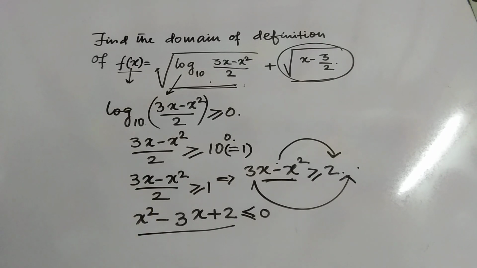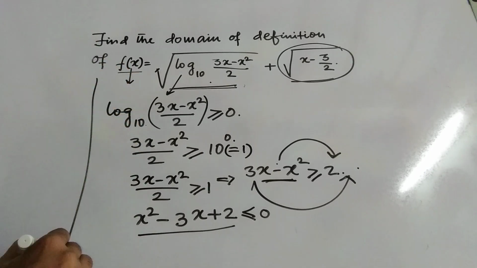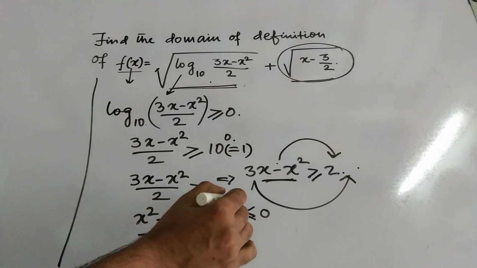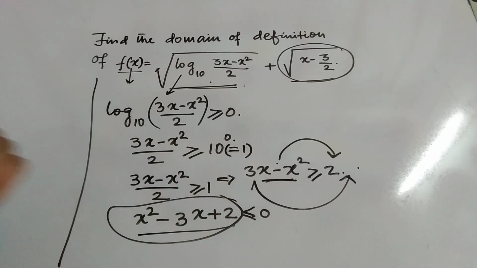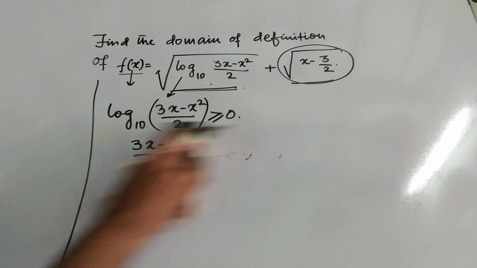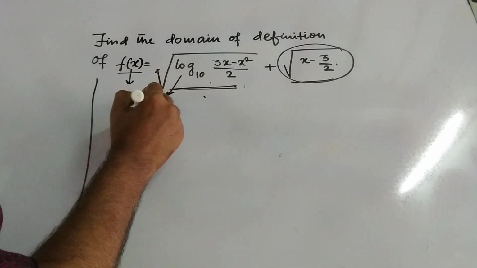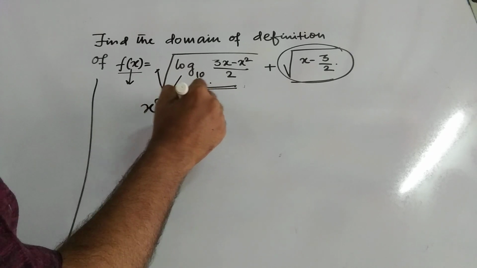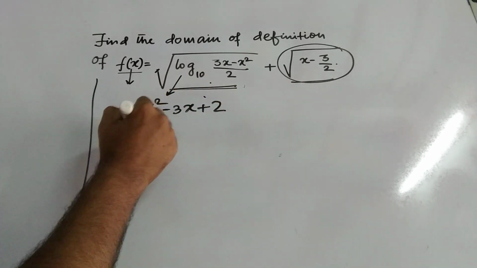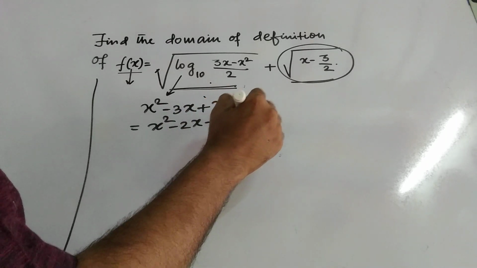Now what is x² − 3x + 2? I have to middle term factorize this function. So x² − 3x + 2 is less than or equal to 0. That means x² − 3x + 2 can be written as x² − 2x − x + 2.